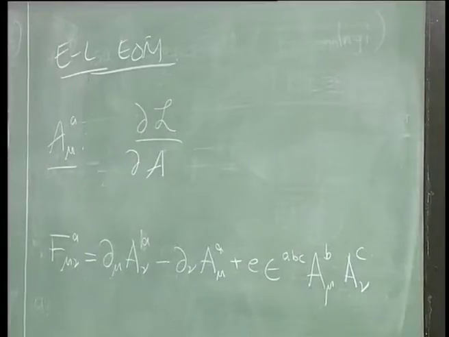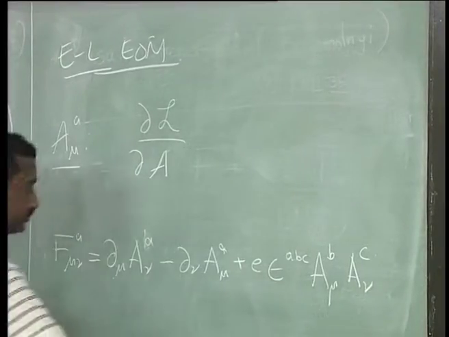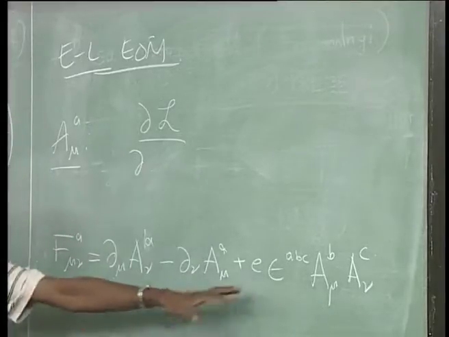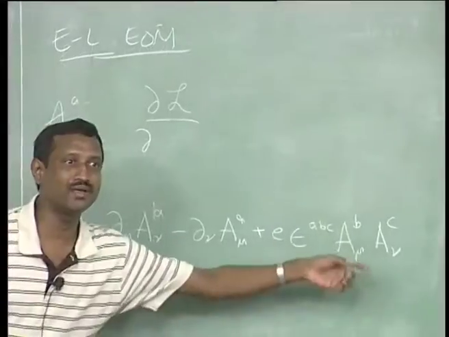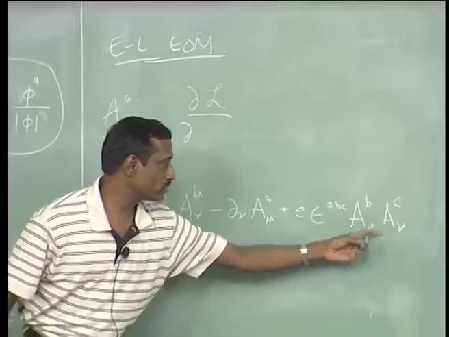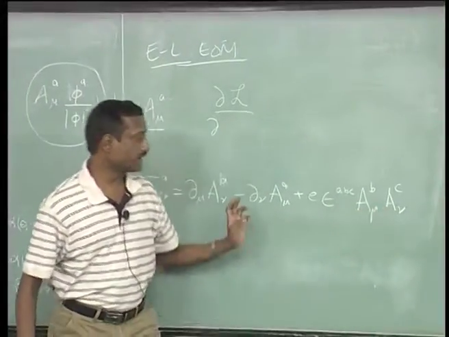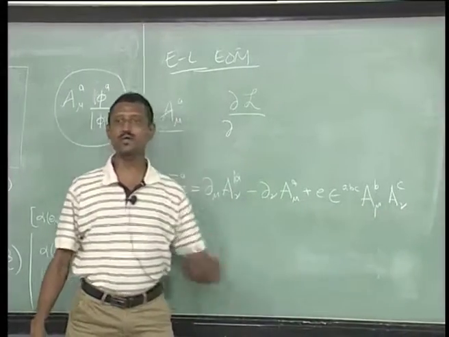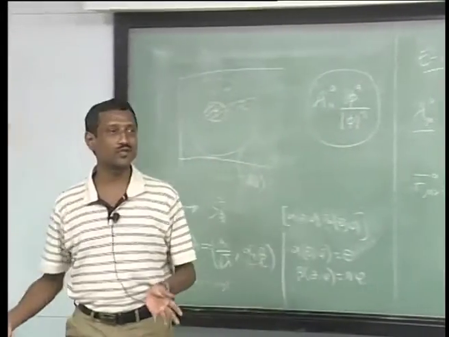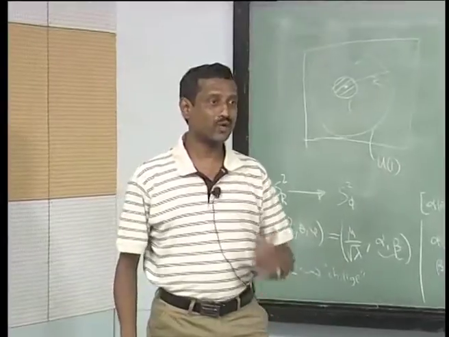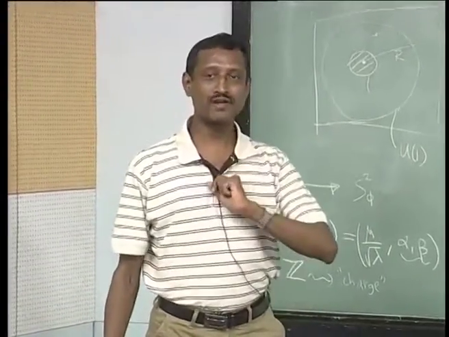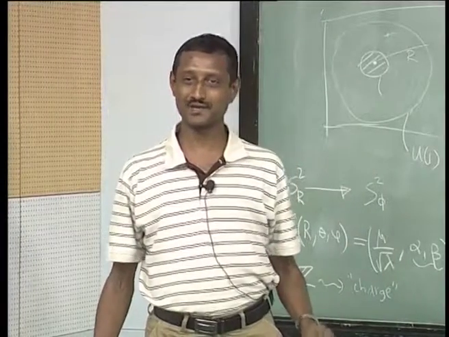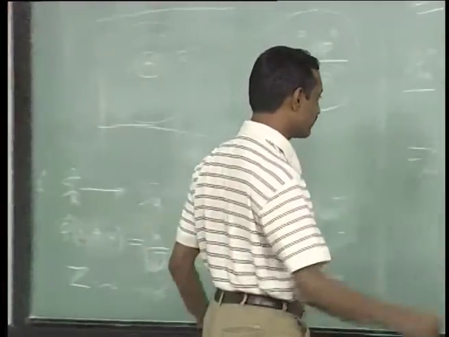Now you can see that because of these pieces there will be a contribution when you do delta L by delta mu. There was earlier no contribution coming from the kinetic energy for this, but now there will be. But I want to show you that that term you could have written even without doing the calculation. There is a way of fixing it without even doing the calculation. So let us look at this.